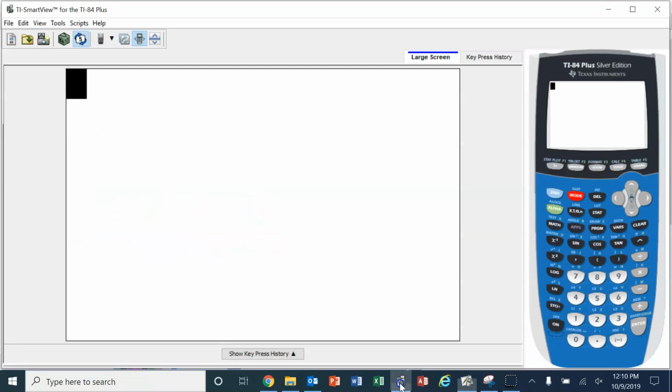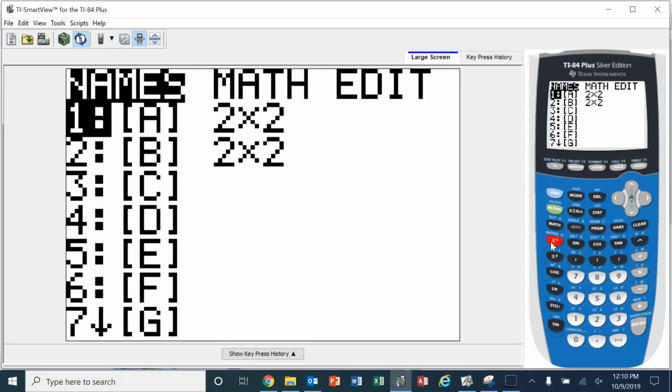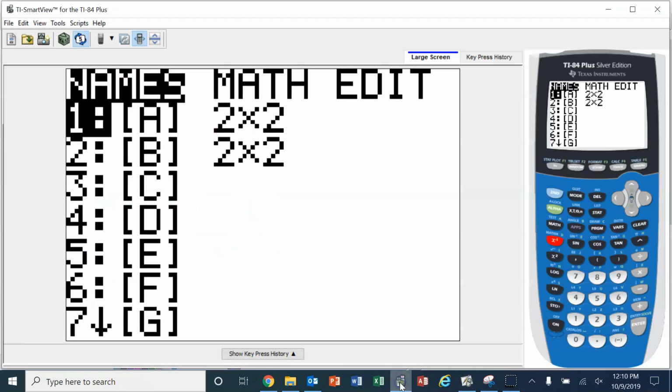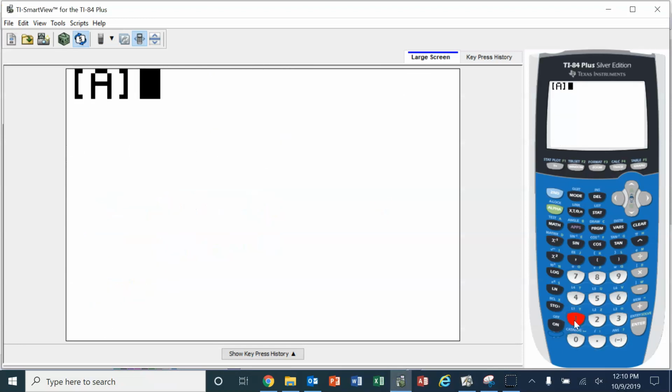Home screen, matrix. Now, do not go to edit. We're going to just pick number 1 where we typed it in, which is matrix A. So pick number 1. Do not go to edit. It shows up on the home screen.